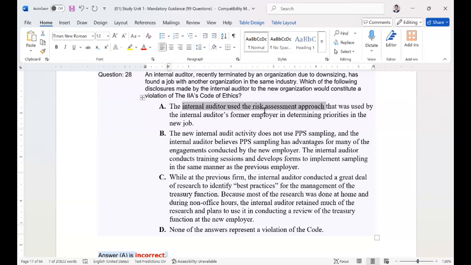So, which one constitutes a violation? So it's either none, or all are okay. The question is, are all okay? B, I think, seems okay. It's using PPS, it's a software, but it's a very common one. So B is okay, right?